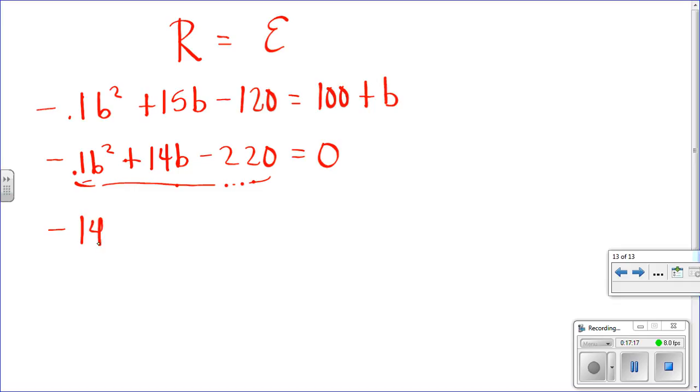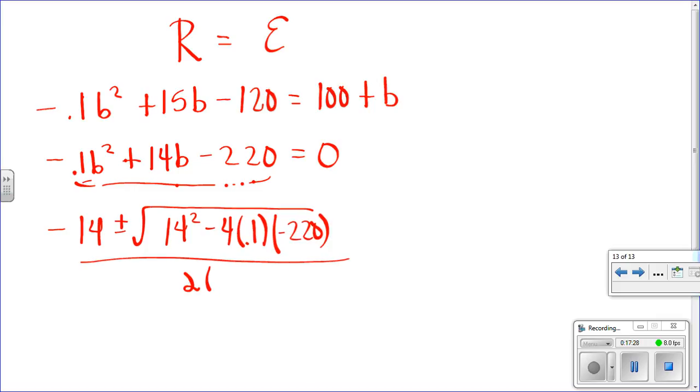Negative b plus or minus the square root of b squared minus 4 times a times c. What's the discriminant? 108. We're going to have to estimate here.